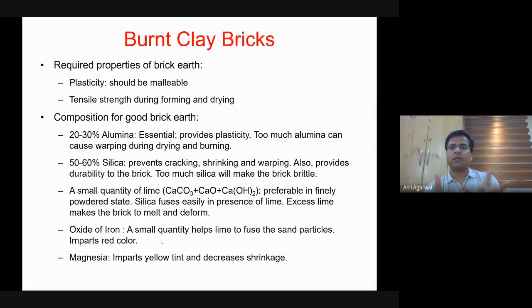Now, the soft mud that you use in these clay bricks has to have certain properties. One obvious property is that when you are operating with that soft mud, it should be malleable so that it takes the shape that you want it to take, right? It should not require too much water, because there are two ways you can get malleability.